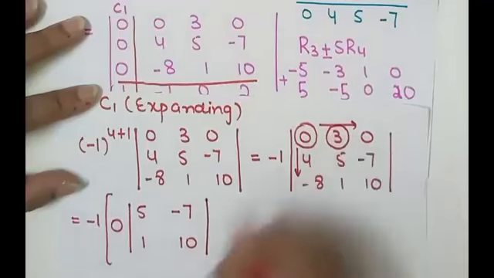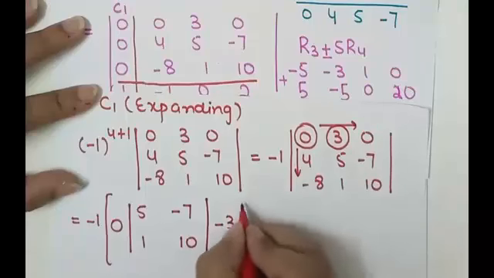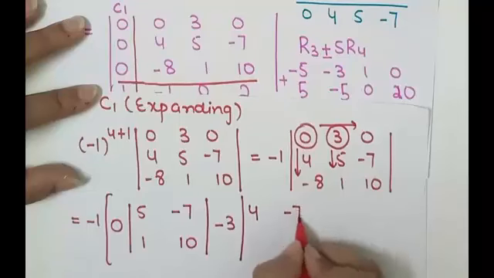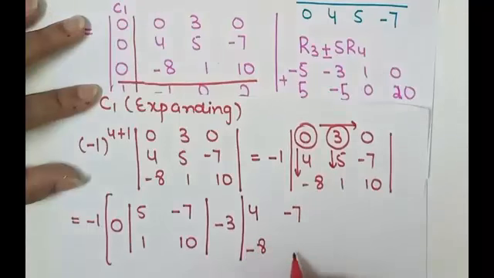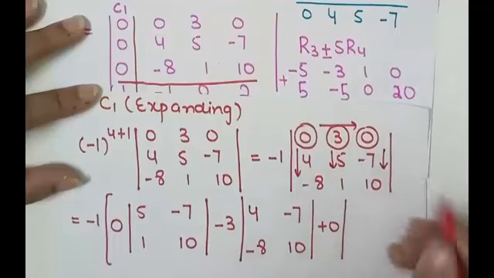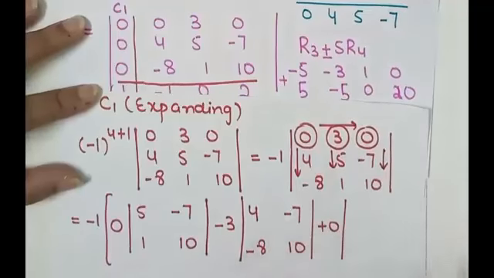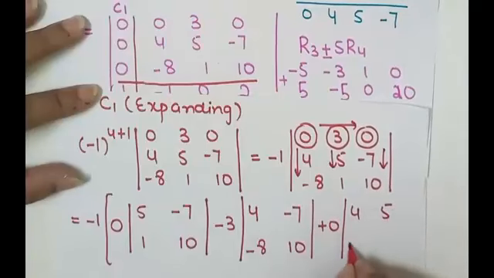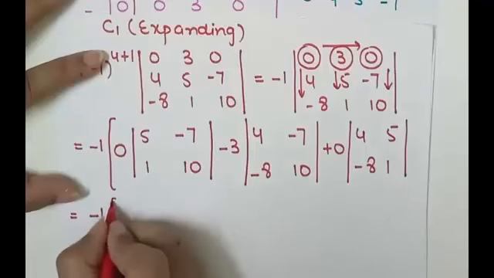Then writing this element with a negative sign, we have 4, -7, -8 and 10. Lastly we have this 0, and skipping the last column and first row, we have these 4 terms: 4, 5, -8 and 1. This is equal to -1.